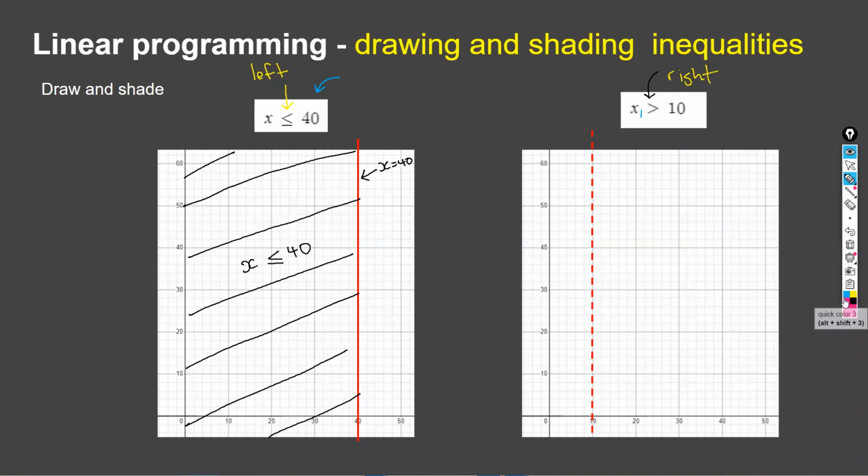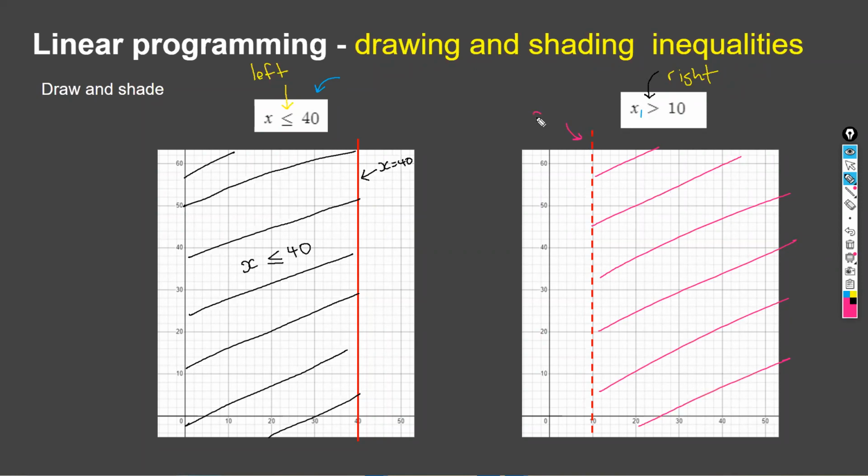So you can just shade the right-hand side like this. Once again, just to make sure, the name of the actual line is X is equal to 10. The name of the region is X is more than 10. Take 10 seconds there and we will move on to the next question.